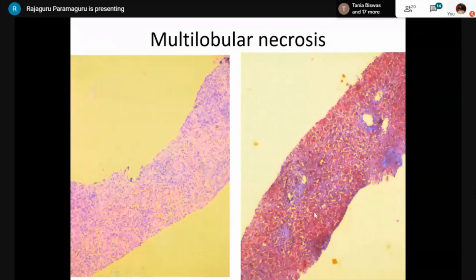So that is what is seen over here in the trichrome also. And there is absolutely no staining because it is a very acute event in this particular case, so there is no collagen deposition at all. Here, this terminal hepatic venule is showing a normal amount of collagen, which is normal for this site.